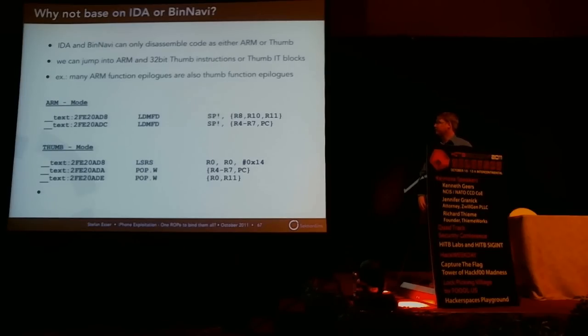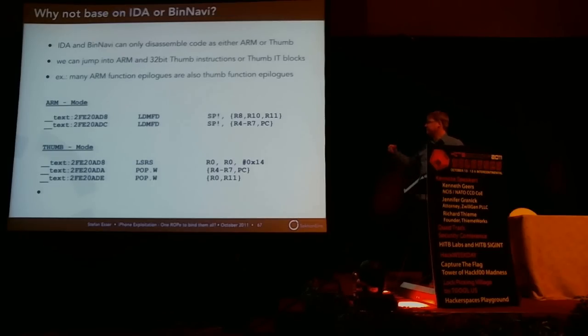And one thing they will miss is that nearly all of the ARM mode function epilogues are actually at the same time function epilogues for thumb mode. You can see in the first case, in ARM mode, it's loading some registers from the address of the stack pointer, including the program counter at the end, so it's returning from a function.